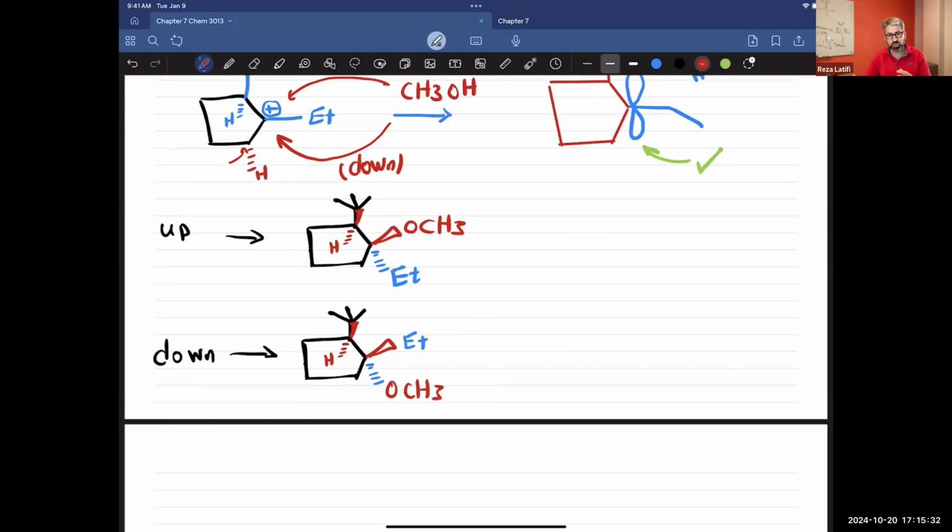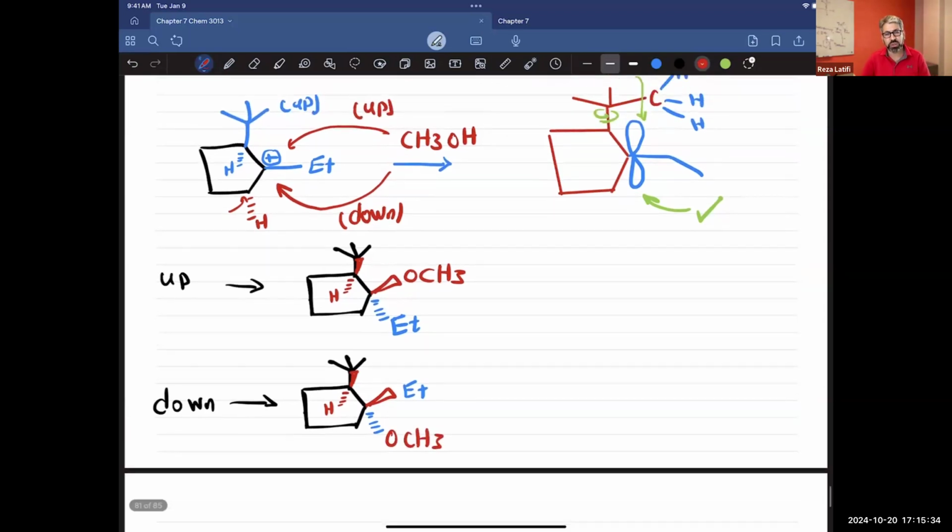Okay, the question is which one of them will be favored. The one that we got through addition from the bottom of the molecule is going to be the major product, and that one will be the minor product.